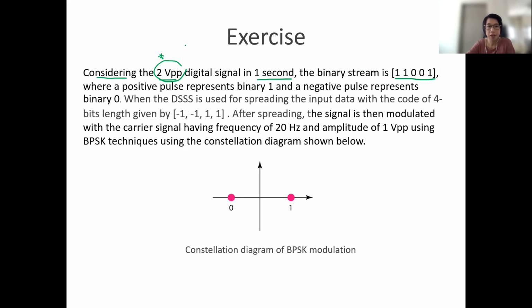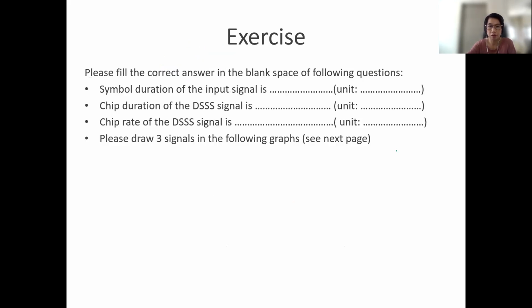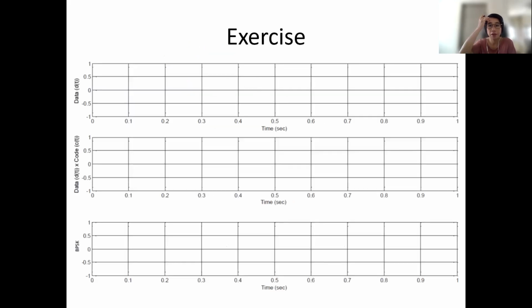So it means that the maximum voltage will be +1, and the minimum will be -1. So you have to infer from this statement that by sending bit 1, it will be 1 volt. Okay, you can draw the following graph here.